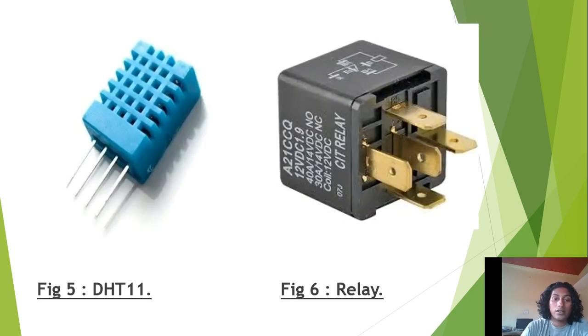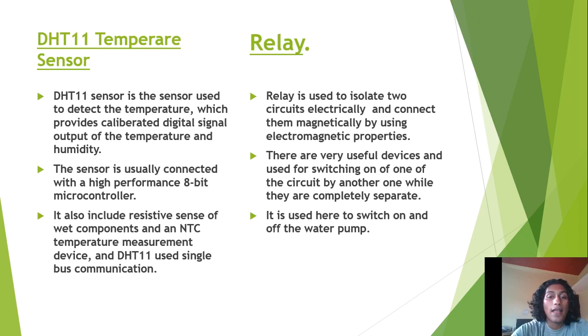Next is the relay. Actually, a relay is used to isolate two circuits electrically and connect them magnetically by using electromagnetic properties.